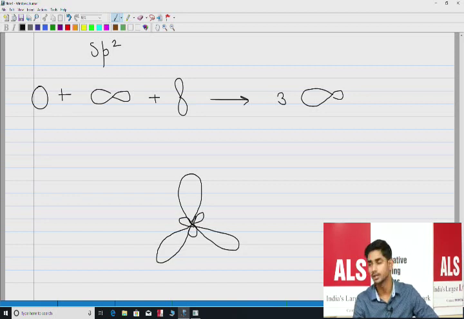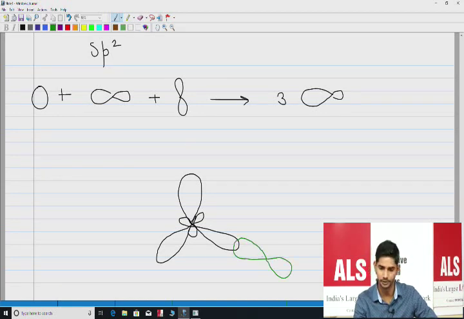Okay, these are the arrangement of the hybrid orbitals for the boron. Now, the other element is what? Chlorine. So I'll use its outermost orbital, which is the P. So this is the representation of the chlorine.